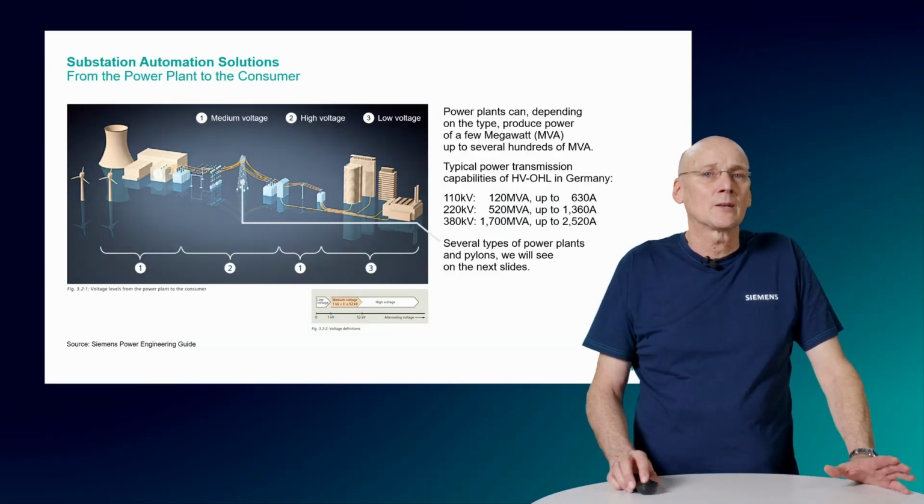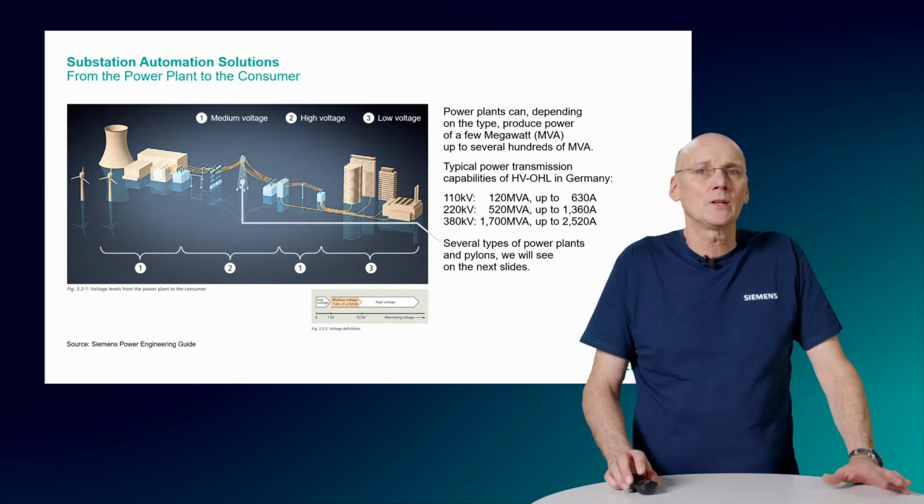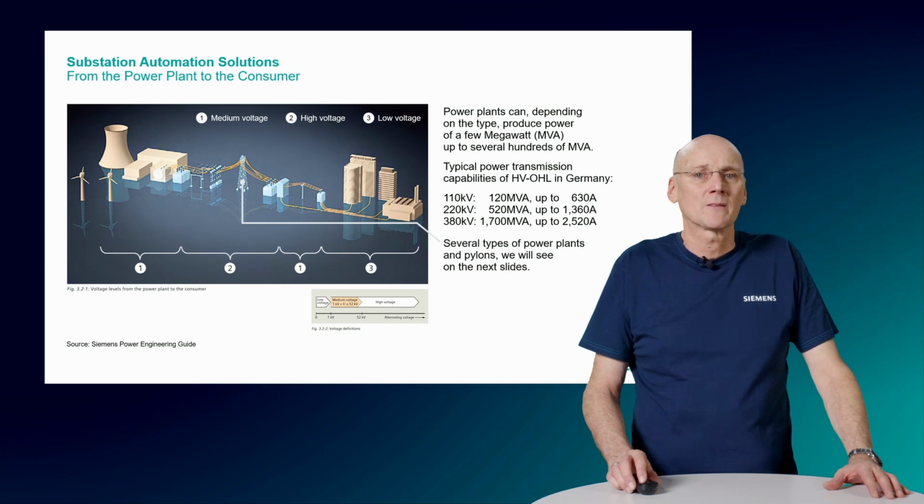Power equals voltage multiplied by current, as we learned in school, means in simple words, the higher the voltage, the less the current needs to be to have the power transmitted. Or vice versa, the lower the voltage, the higher the current needs to be.